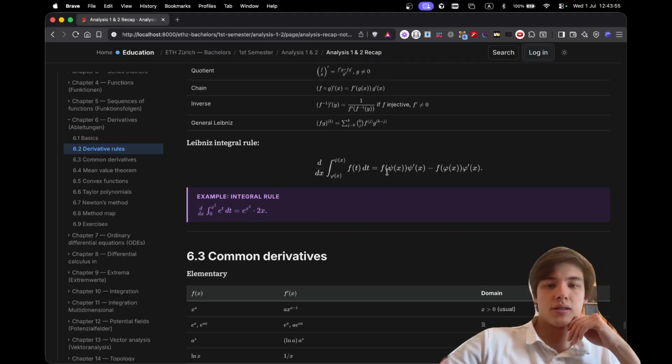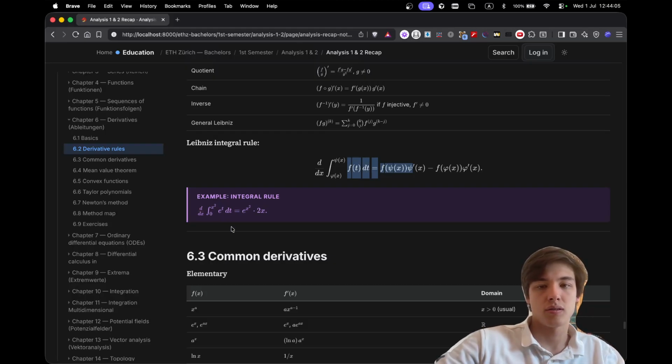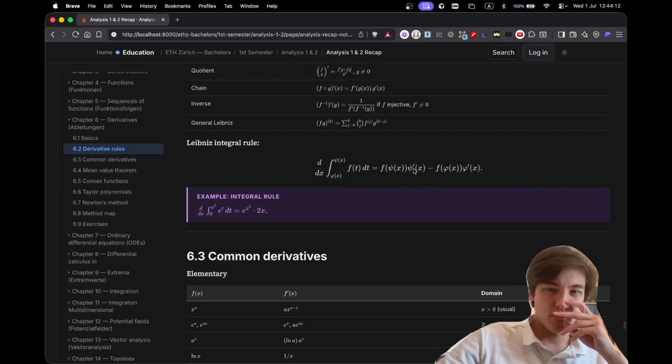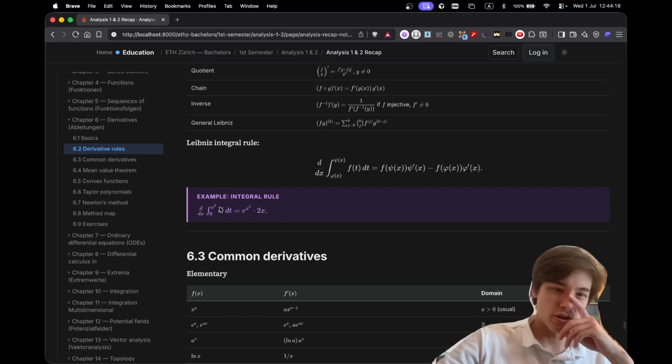So it should be the same as f of the lower bound. What would that be? e to the power of 0 is 1. And the derivative of that is 0. The minus. It should have been, sorry, the other way.